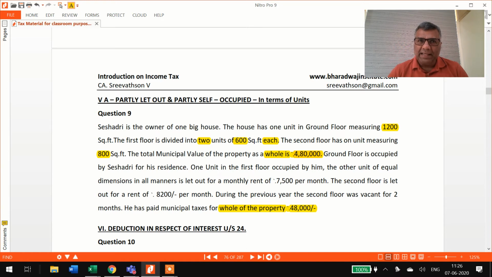I will get ERV minus vacancy allowance minus the divided municipal taxes, which will give me the NAV of house property 2 in the first floor and house property 3 in the second floor.